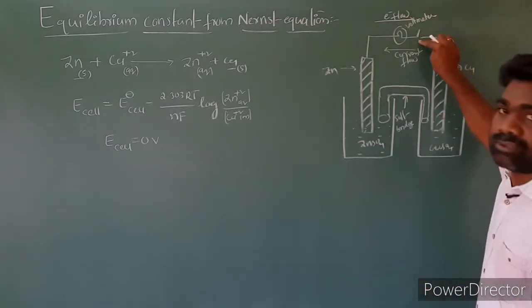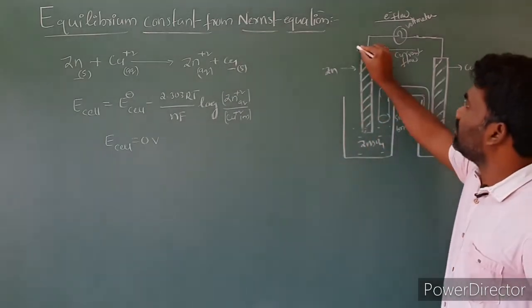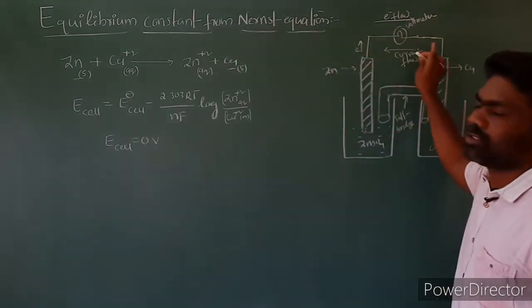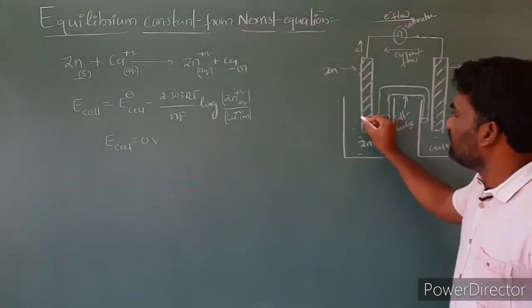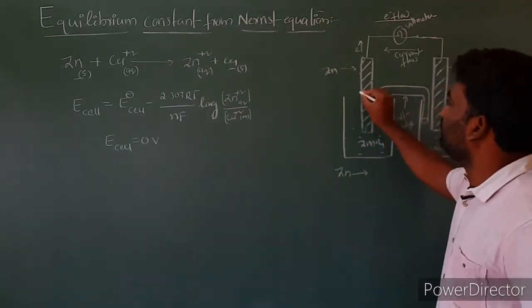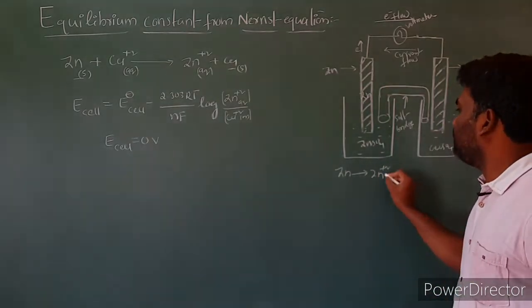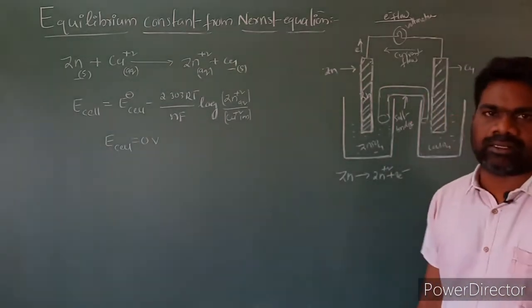As soon as the switch is in the on position, electrons will flow from the zinc rod to the copper rod. Here zinc loses electrons: Zn gives rise to Zn2+ plus 2 electrons.